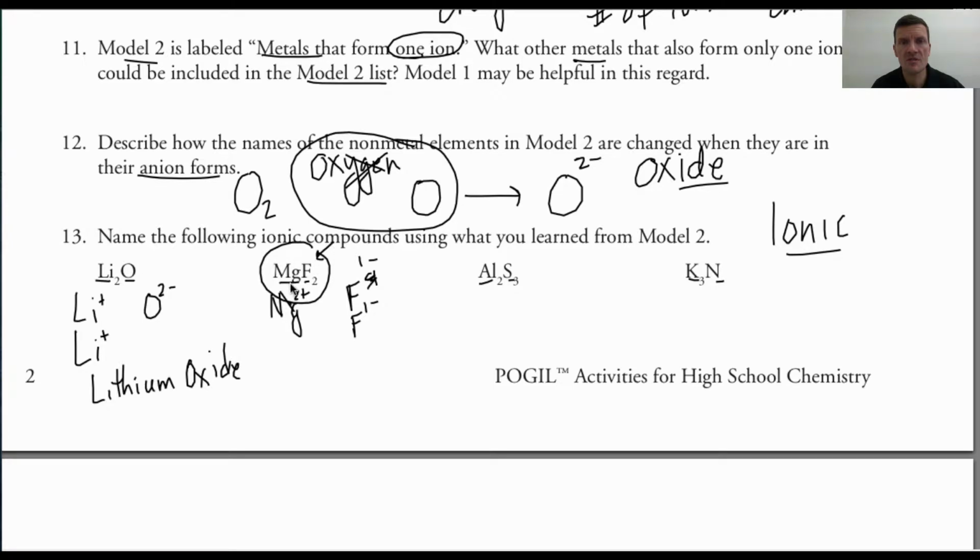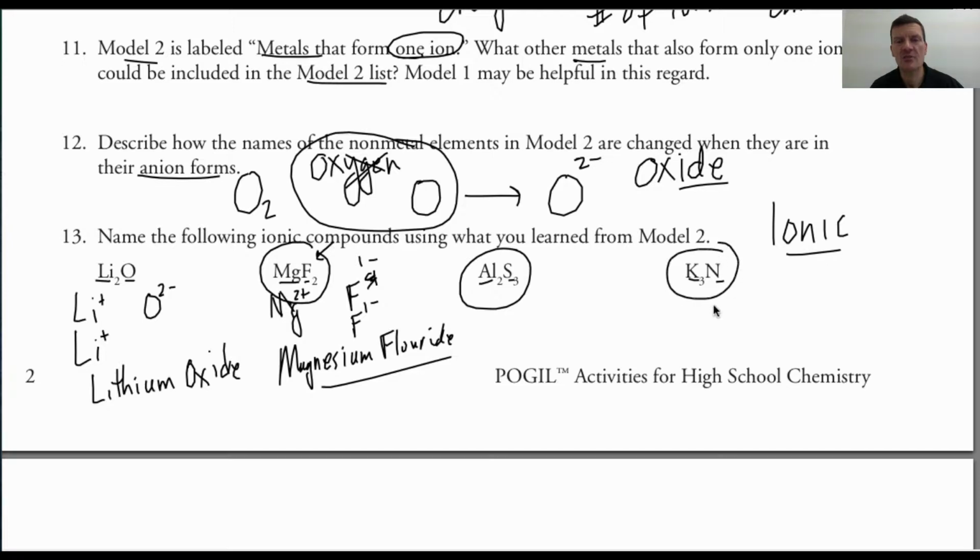This is neutral. MgF2 is neutral. The name of that is magnesium fluoride. Here we have aluminum sulfide and potassium nitride. Nitride. Okay?